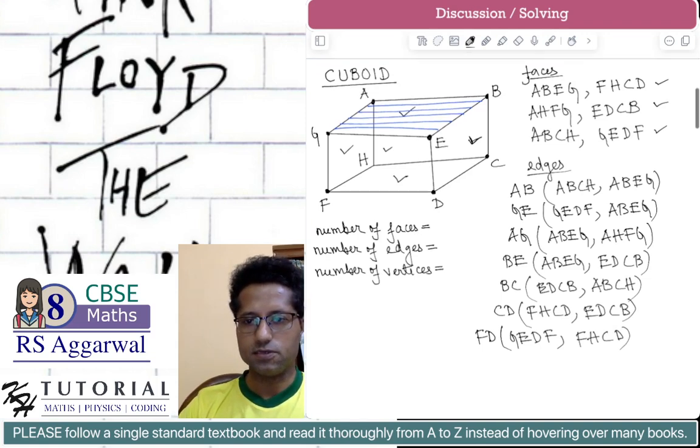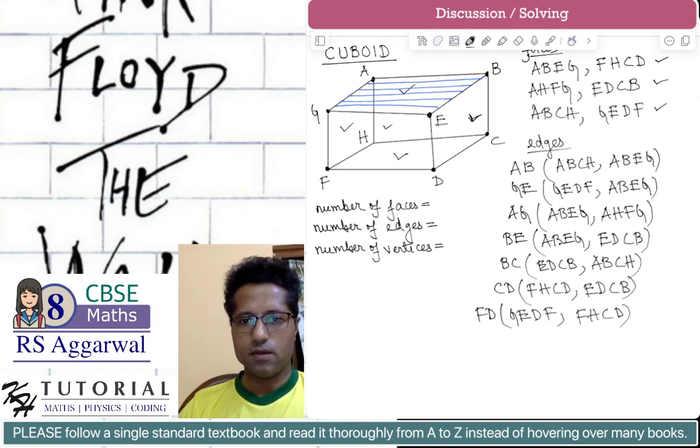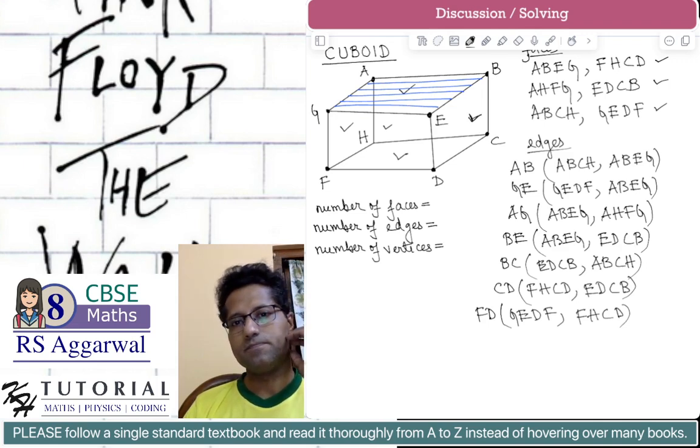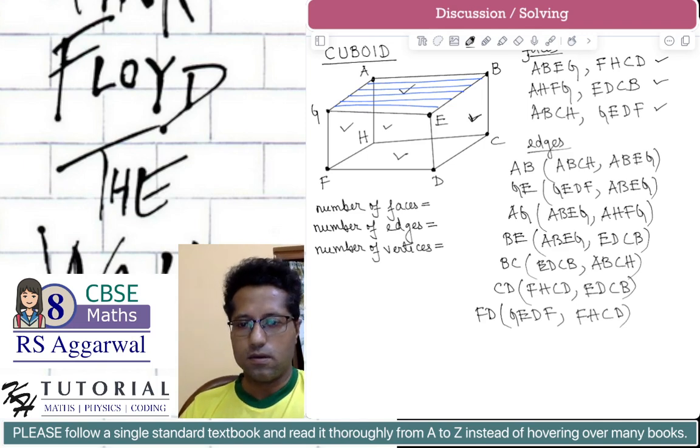Now, how many edges are there? Let's see how many edges there are. We have FD. Now, let's say we have AB, we have GE, we have AG, we have BE. So the top face will have 4 edges. The bottom face will have 4 edges, and let's say FH.